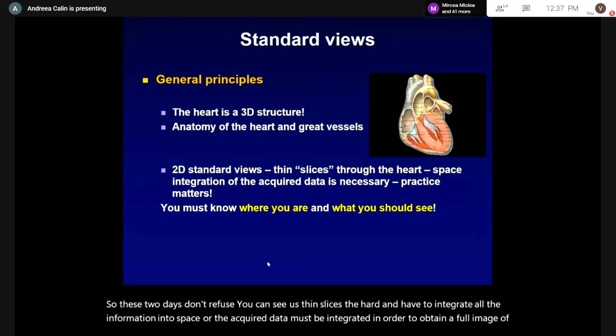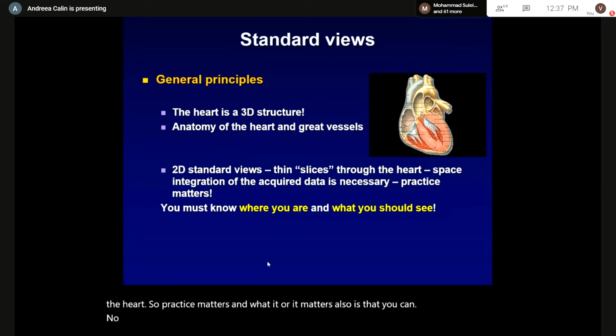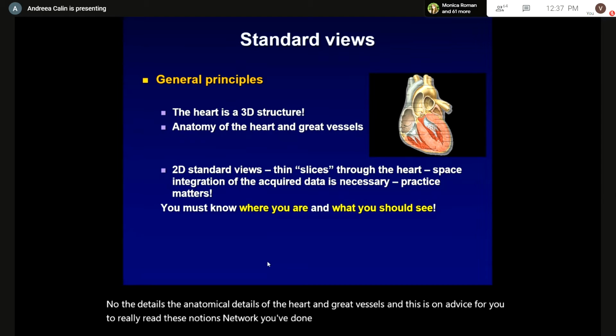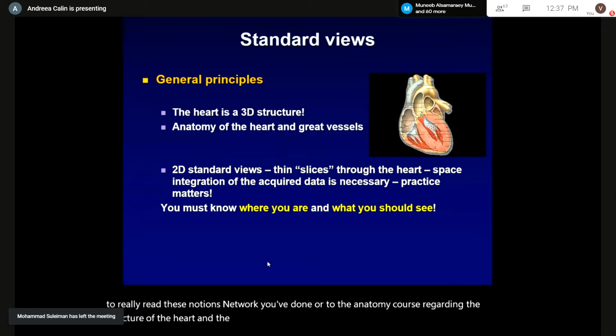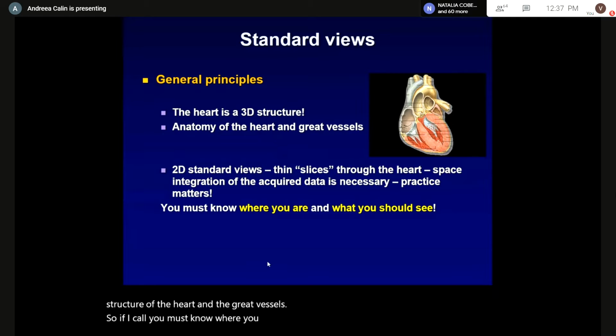So practice matters, and it matters also that you know the anatomical details of the heart and great vessels, and this is an advice for you to read these notions that you've done at the anatomy course regarding the structure of the heart and the great vessels. So in echo, you must know where you are and what you see, and that's why we have standard views.